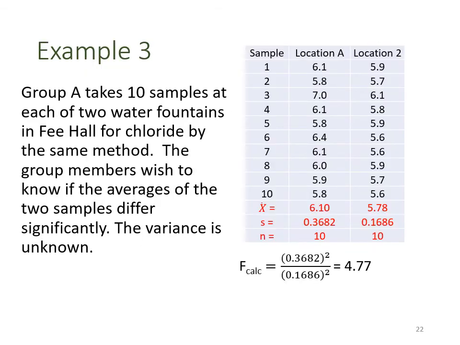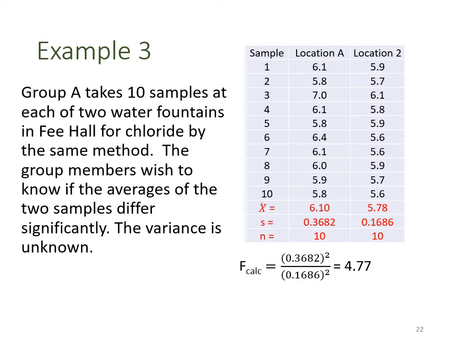So in this case, Group A is really illustrious. They go out and they take 10 samples at each of 2 water fountains in Fee Hall, and they are measuring chloride. They don't know the variance of their method, and they wish to know: are the differences in the averages statistically significant at a 95% confidence interval?